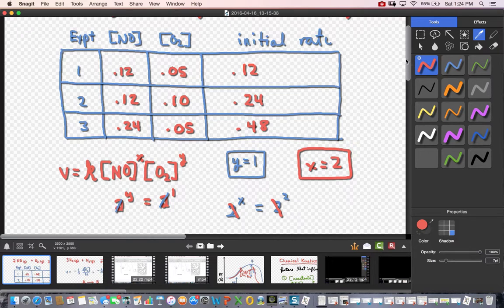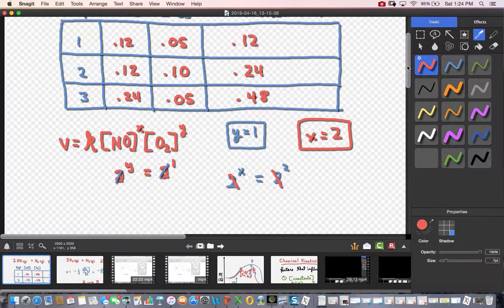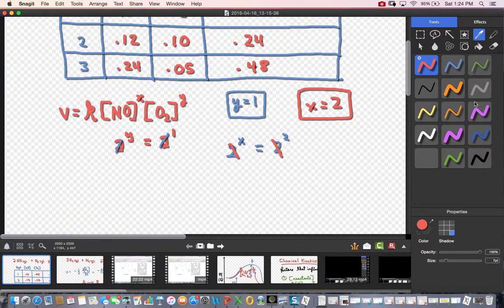Next, I can write the explicit rate law now that I know the values of x and y. V equals the concentration of NO to the 2 times the concentration of O2 to the 1.